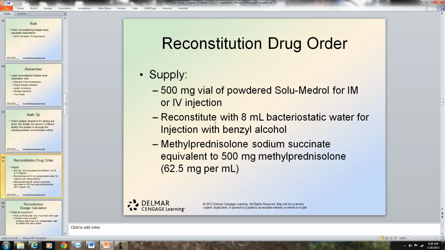You reconstitute with 8 milliliters of bacteriostatic water for injection with benzyl alcohol. Methylprednisolone sodium succinate equivalent to 500 milligrams methylprednisolone, 62 and 5/10 milligrams per milliliter.